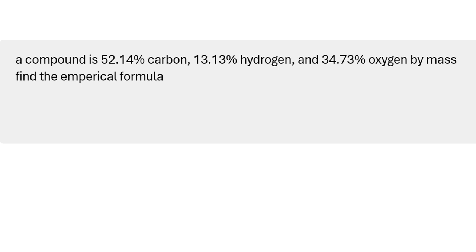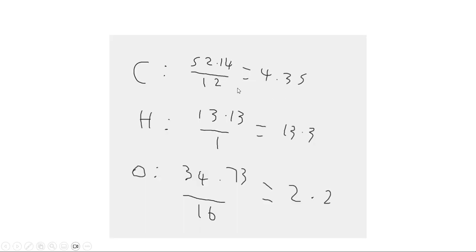So instead of having these as percentages here, I can just call them grams. It's the same thing. Do you see what I'm trying to say? So it will be 52.14 grams of carbon, yeah, 13.13 grams of hydrogen, and 34.73 grams of oxygen, yeah. You're allowed to just do that straight up, yeah. So now, again, it's my handwriting, allow it, yeah.